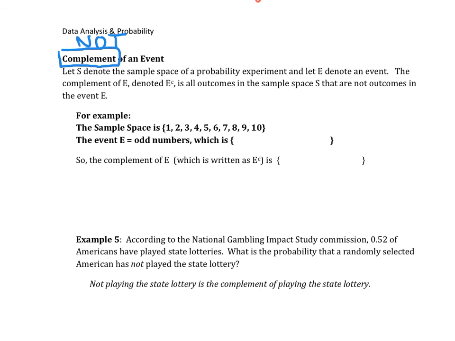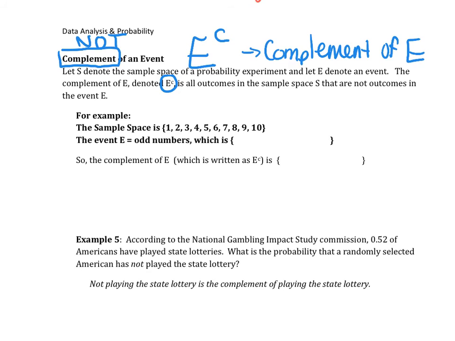So if we have a sample space S of a probability experiment and E is an event, the complement of E, and we use this notation, E with a little c in the exponent, is the complement of event E, which also means not E. All the outcomes that are not in E.